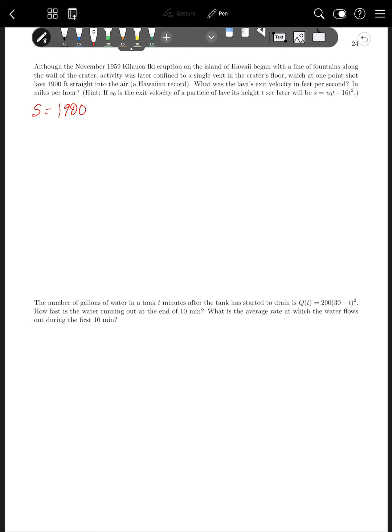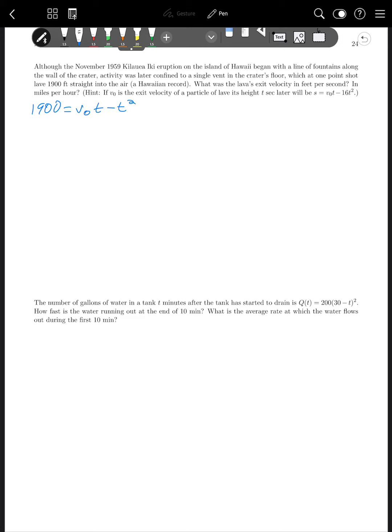Oh, sorry, never mind, that's not right. What we have is a height, a position that we can plug into that.